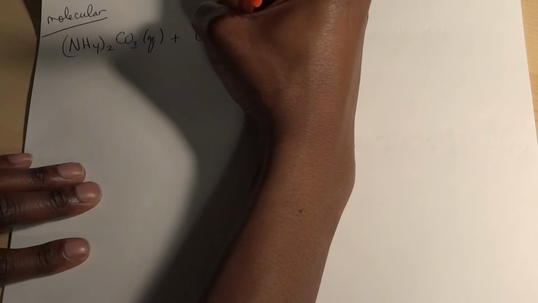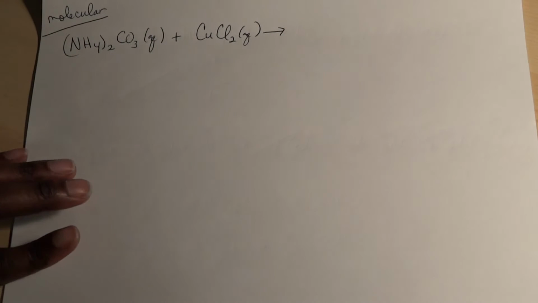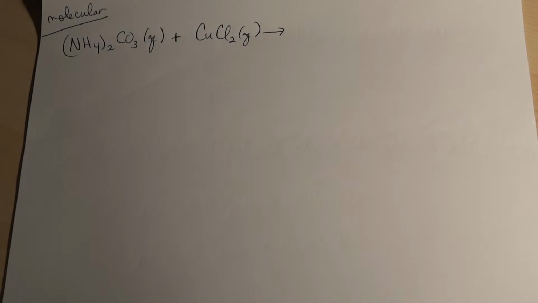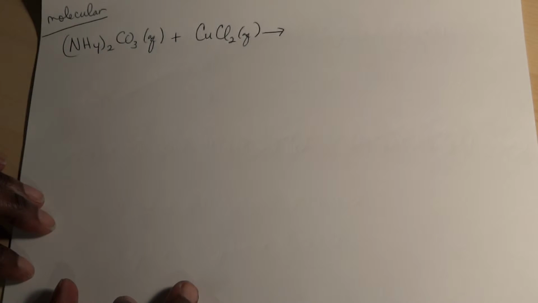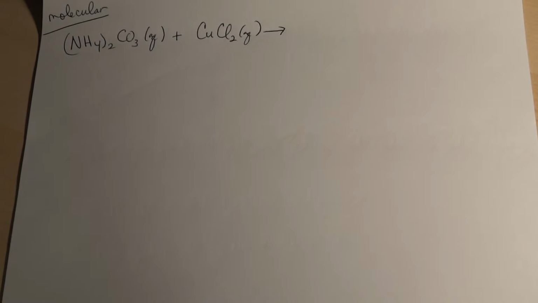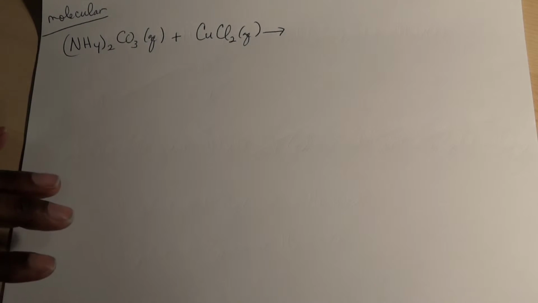React together ammonium carbonate and copper 2 chloride. Go ahead and stop the video and try and do it on your own. But I'm going to go ahead and keep going. So pause your video so that you can try it on your own, to see if you get it right.